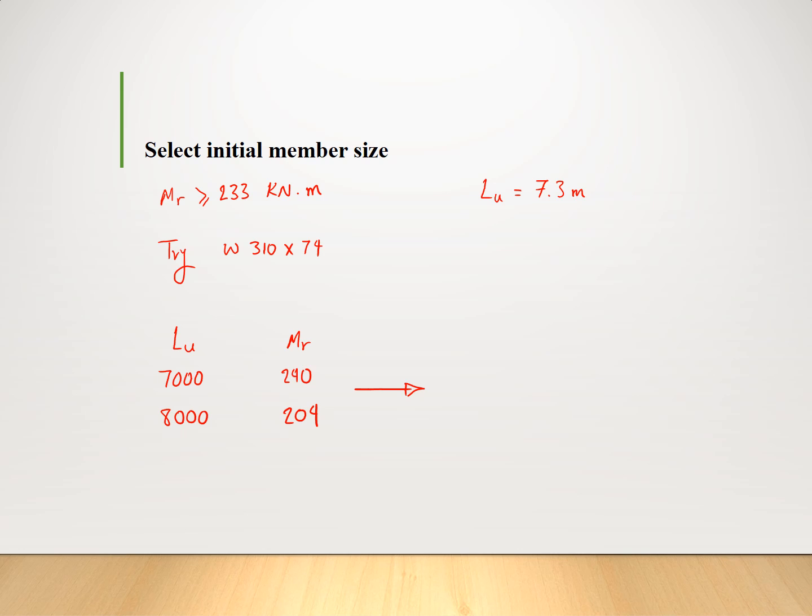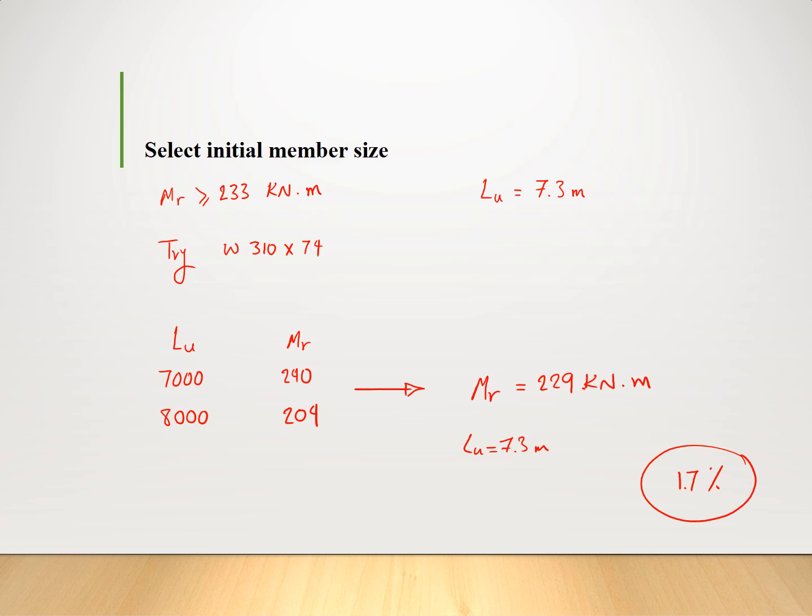If you do linear interpolation here, MR for LU equal to 7.3 meters will be 229 kilonewton times meter. We know that this is 1.7% lower than what we want.